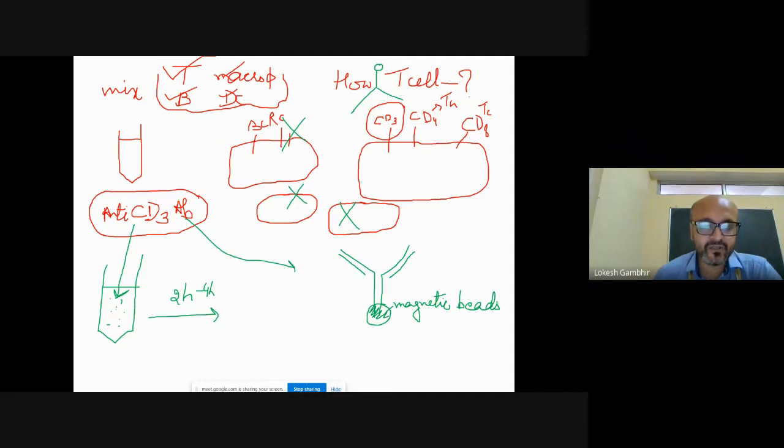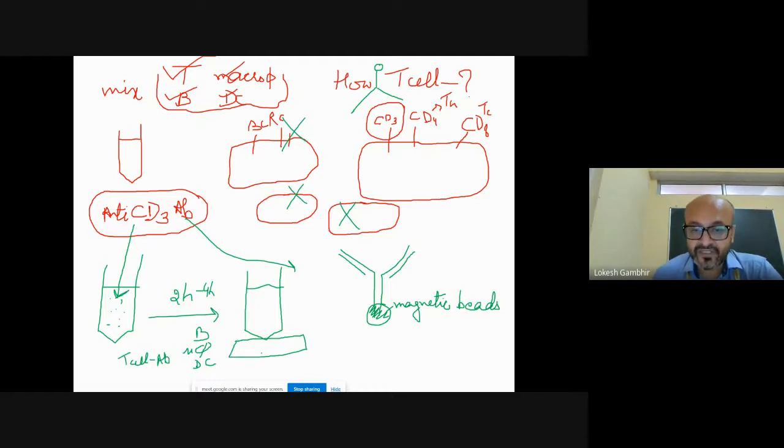Now in this mixture, I have T cell-antibody complexes, and I have B cells, macrophages, and DCs. After 2 hours, I took this solution and placed a very powerful magnet here.